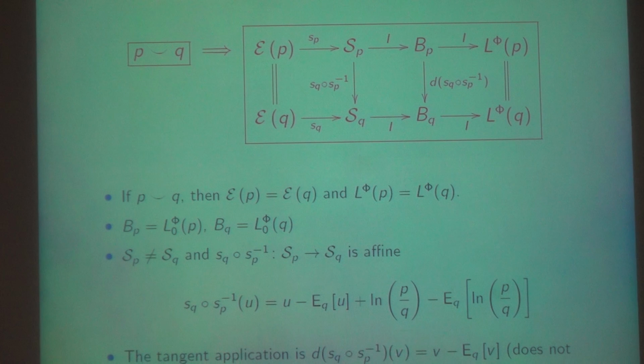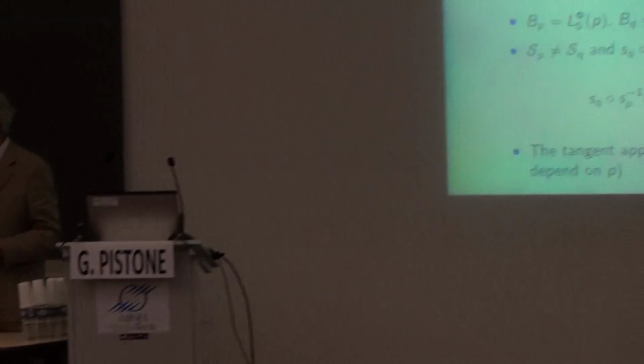SP is embedded in a Banach space, which I call BP, which is nothing less than the centering of the random variables in the Orlicz space. And from BP to BQ, you have acting the derivative of the change of coordinates.